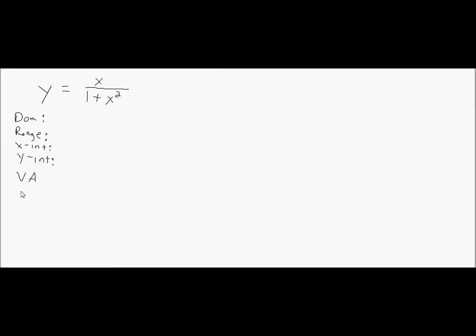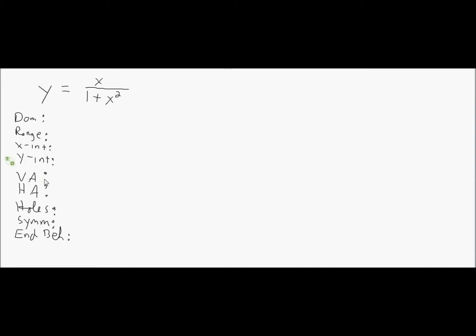Any vertical asymptotes that might be there, horizontal asymptotes if they've got them, any holes, any symmetry, and the end behavior is going to be important. These are things that you learned hopefully last year in pre-calculus, and you can find them for any function.